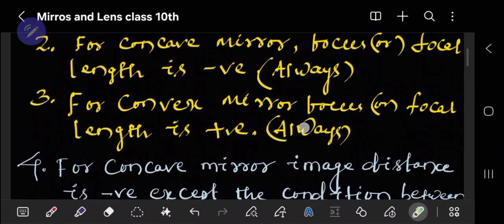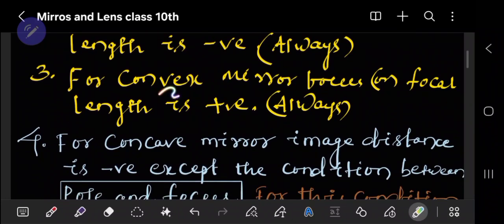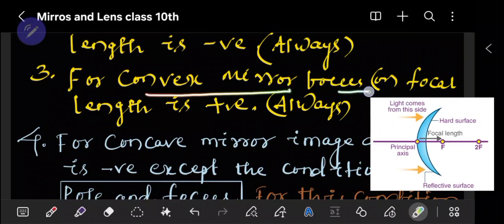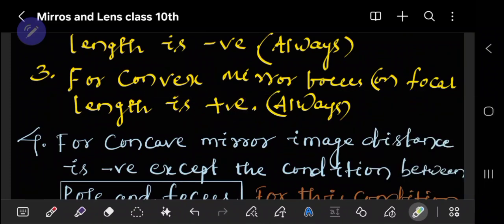Next, for convex mirror, the focus or focal length is positive, and it is always positive. If I am dealing with concave mirror, the focal length will be negative. If I am dealing with convex mirror, the focal length will be positive. I hope this is clear.